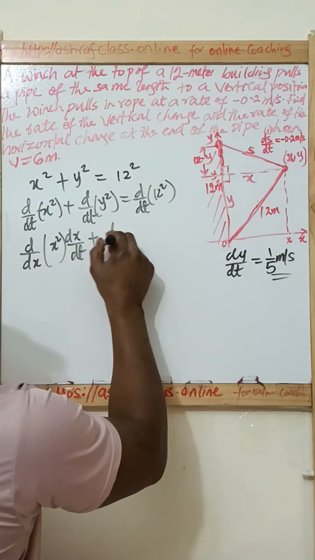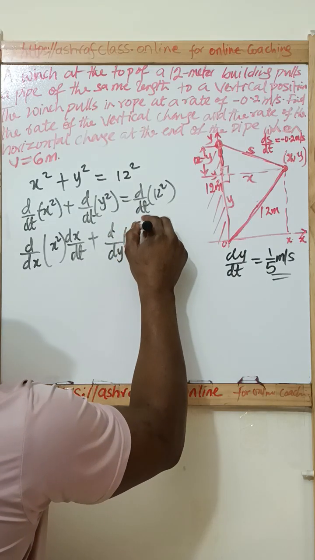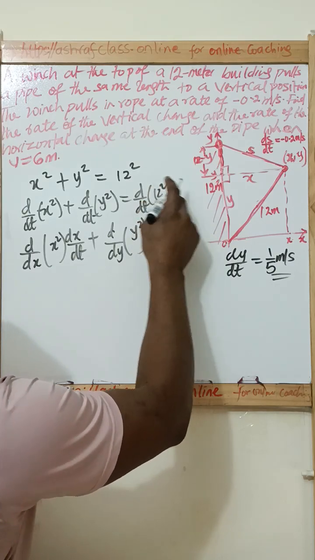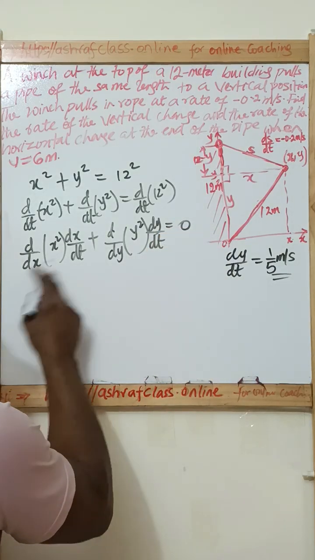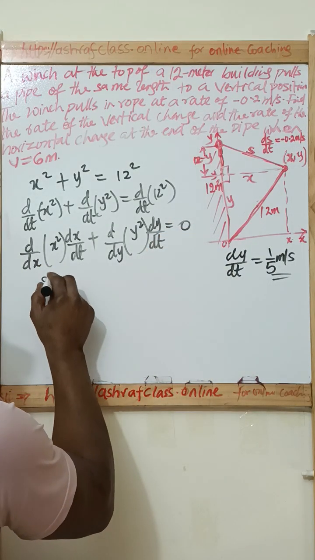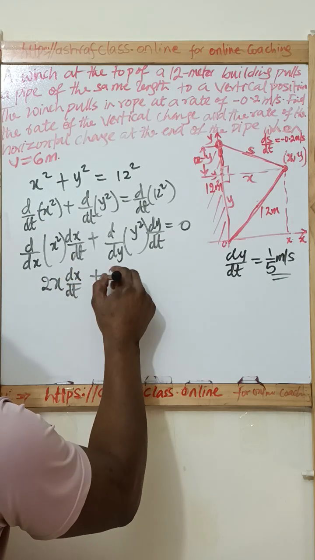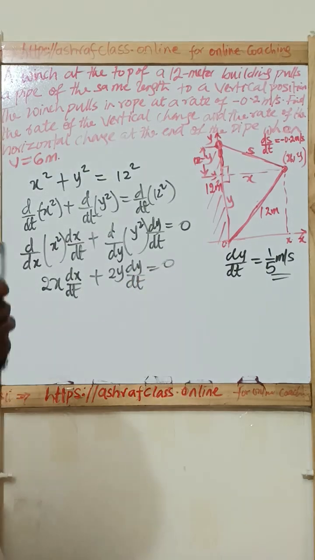So this is d dy of y squared, the dy dt, and the differential of a constant is equal to 0. So from here, this is going to be 2x, the dx dt, and this is going to be 2y, the dy dt, equal to 0.